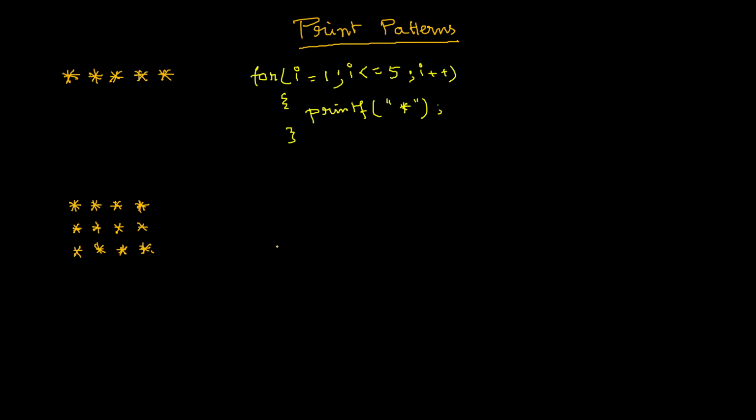This is one option. Another option is to print the stars for the first column, then the second column, then the third column, then the fourth column, like this. So one option is in this direction and another option is in this direction, right?